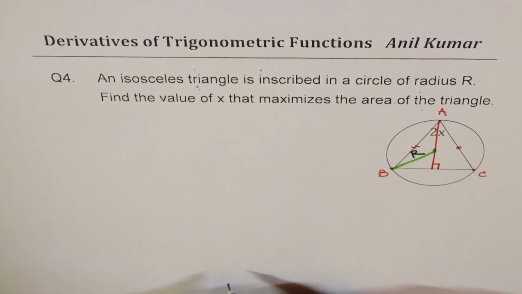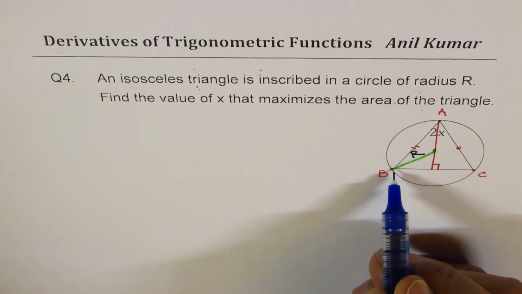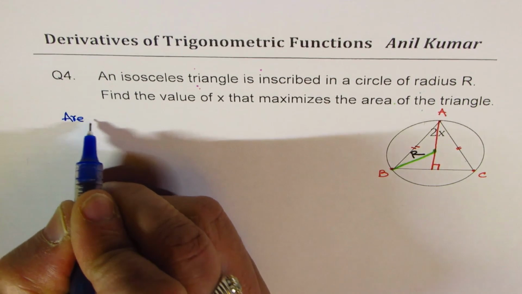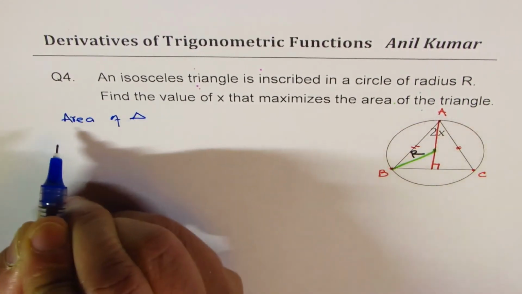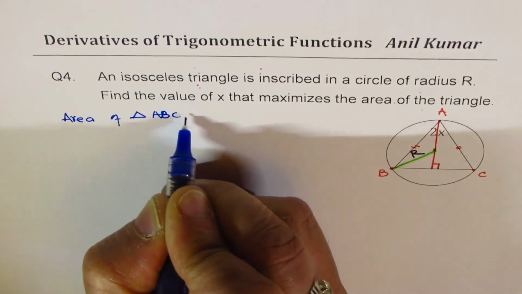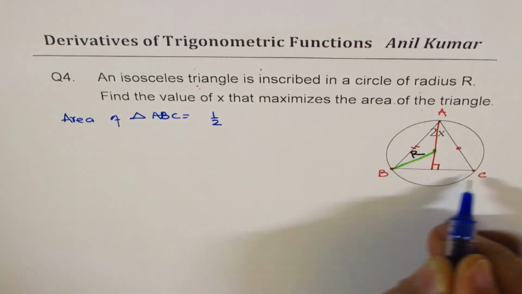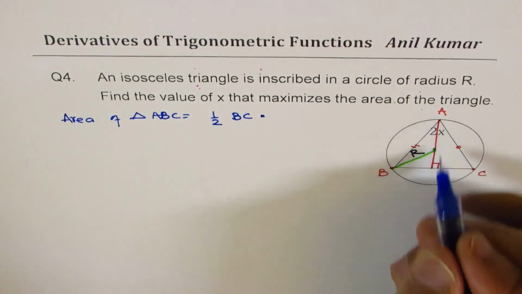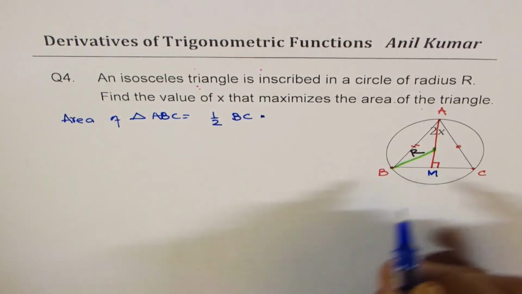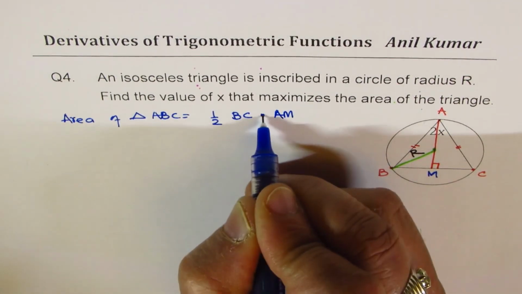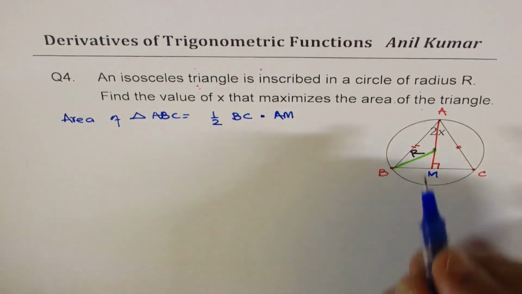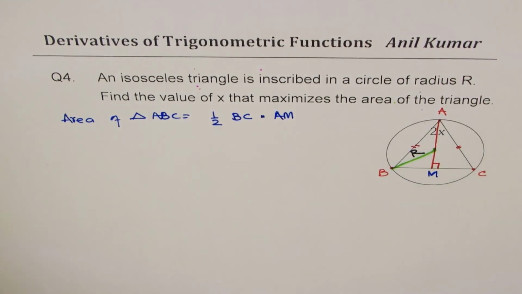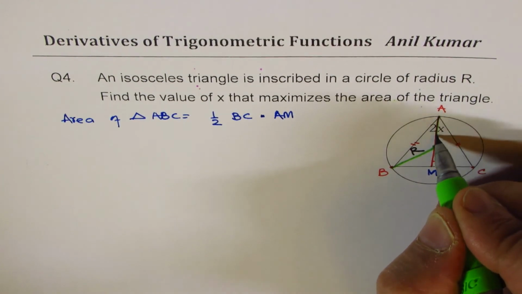So since I would like to take this as my base, the area of triangle ABC is half of BC, the base, times A to, let's say, M, AM. Now we know this side is r, which means this is also r, correct? Radius, this is also r, right?